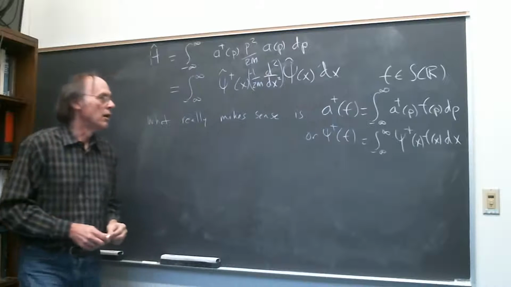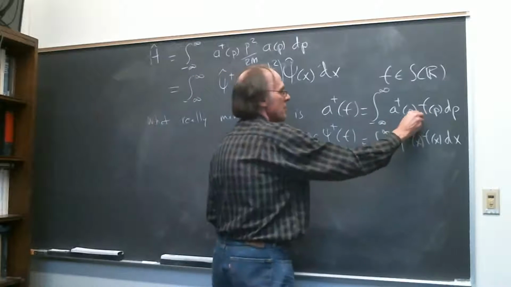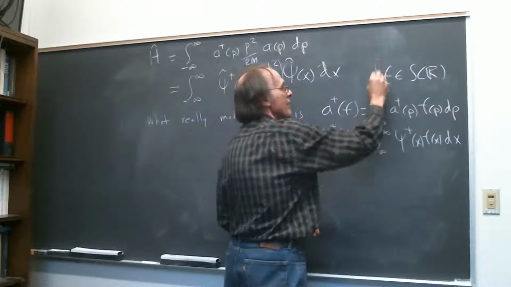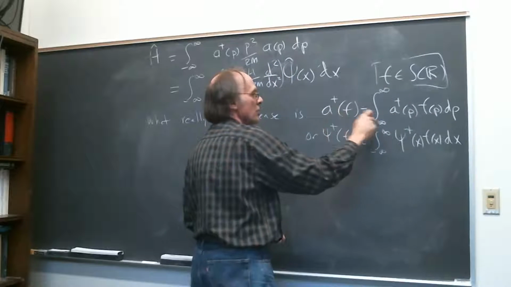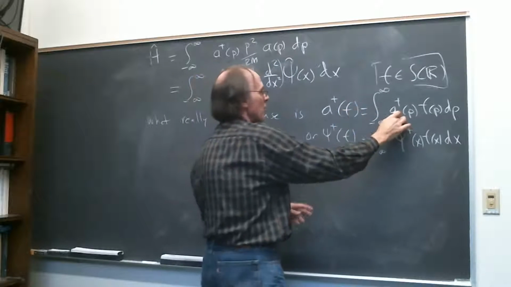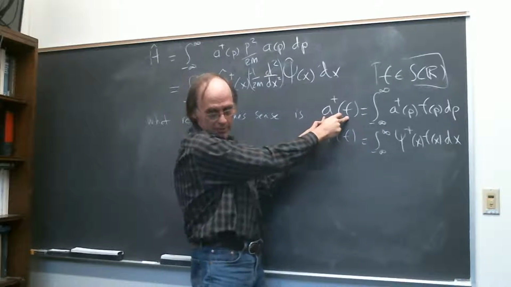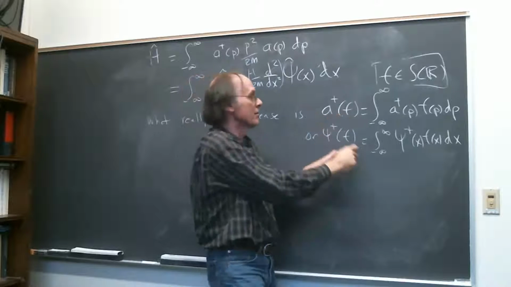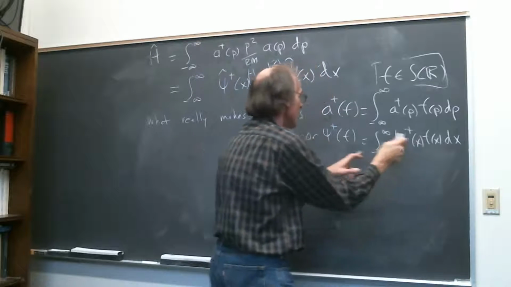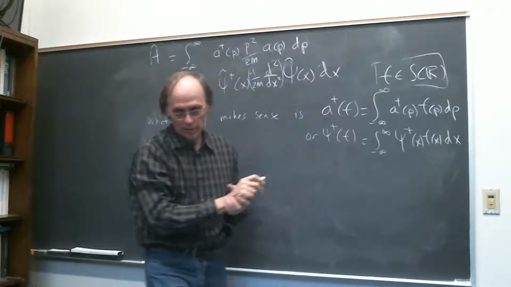So the point is that this is not well defined, but there is such a thing as this guy that is well defined. Similarly, this guy is not well defined, but there is such a thing as this that is well defined.